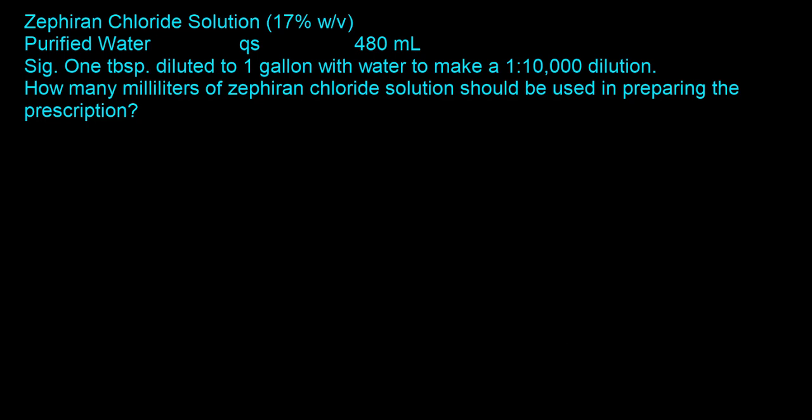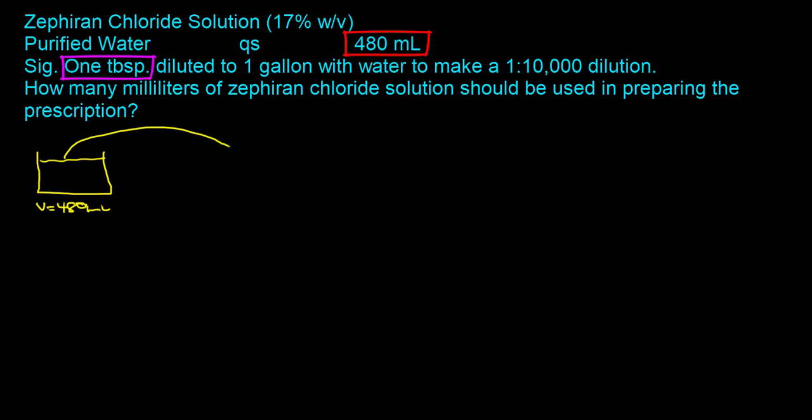So let's start off with a schematic. And what we have is our 480 milliliter stock solution. So volume equals 480 milliliters. And then from that, we are going to take out a tablespoon.